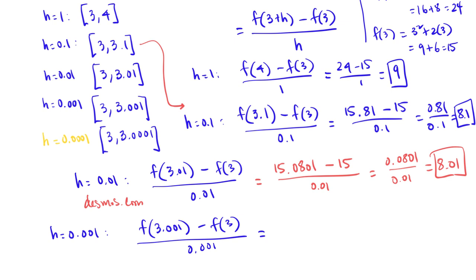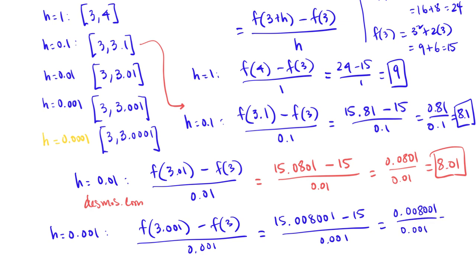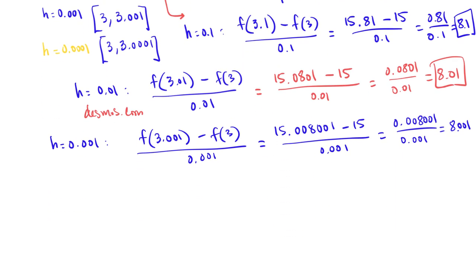If we were to evaluate f of 3.001, we will see that this is 15.008001, and f of 3 is still 15. The denominator is 0.001. This will give us 0.008001 over 0.001, which is 8.001.